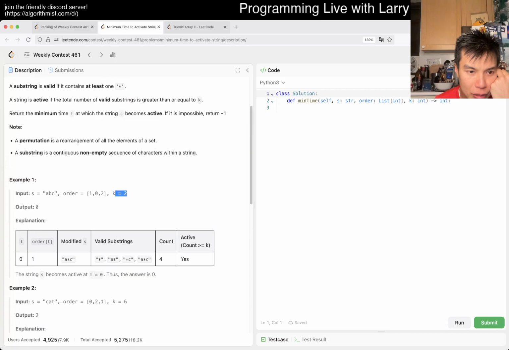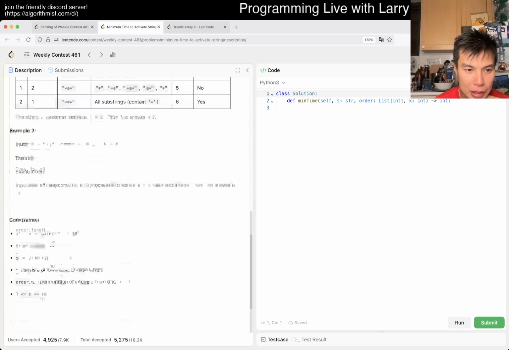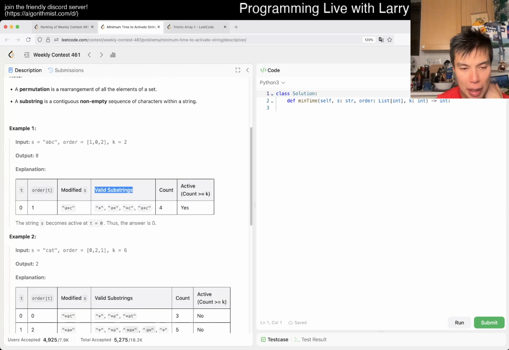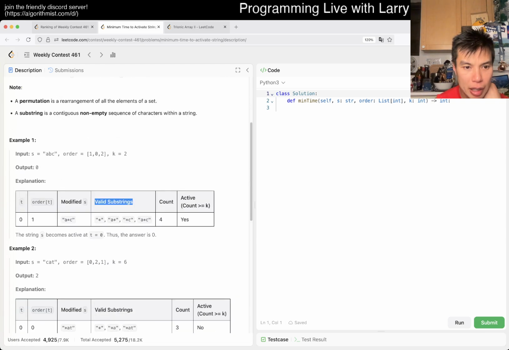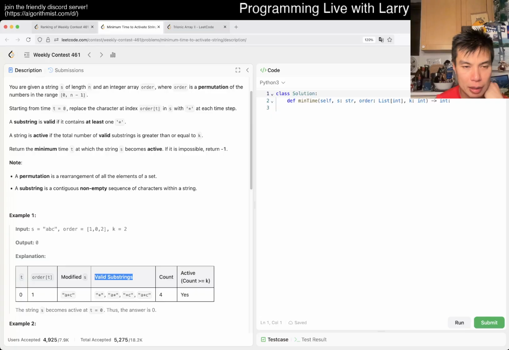Okay, so order of 0, t is 1, modified, okay. Valid substrings, oh. So you do an n square thing. So you can do binary search with n square, but you could count the number of valid strings in a linear way.